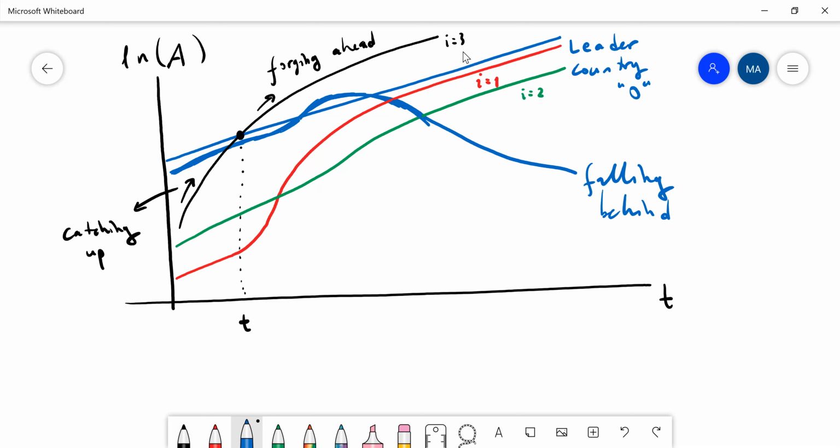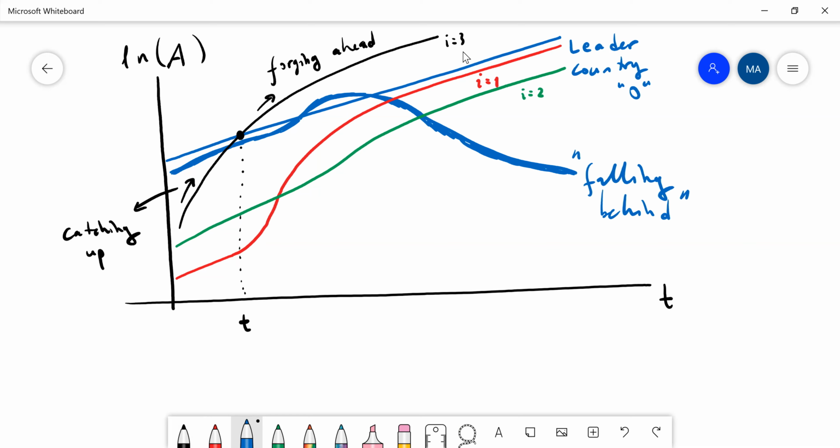It can be leader itself, but because of crisis, because of poor management, because of institutional and cultural reasons, so on and so forth, some countries actually can fall behind the leader country in time. So as you see, that creates a lot of different possibilities, all right?